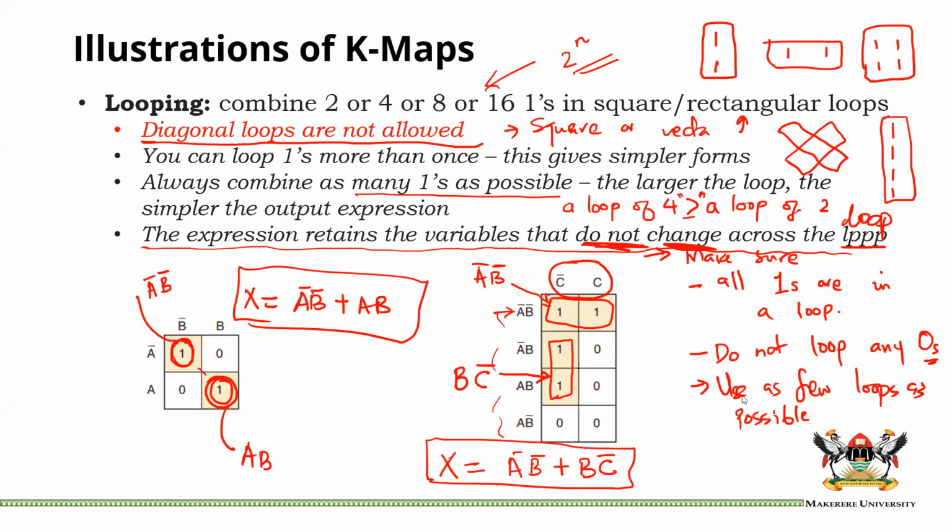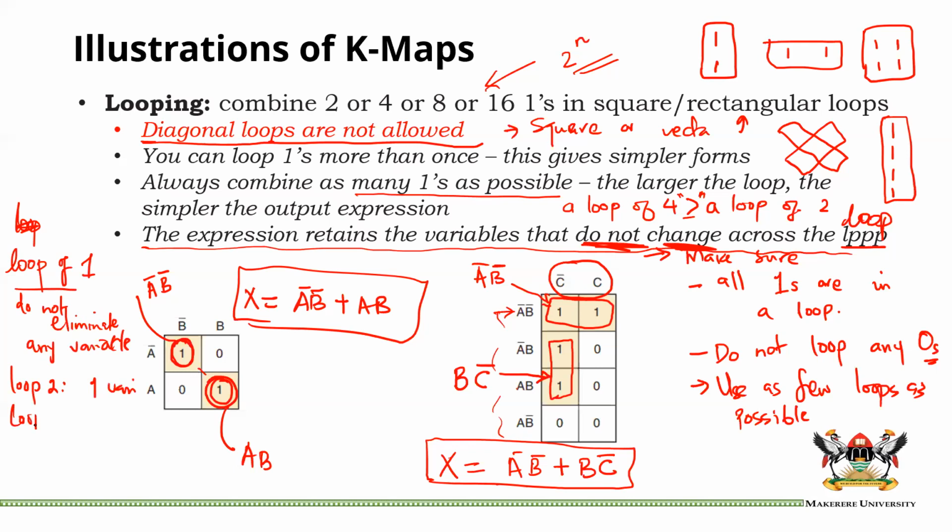Let me also say something: if we make a loop of one, we do not eliminate any variable. A loop of 2, we eliminate one variable.